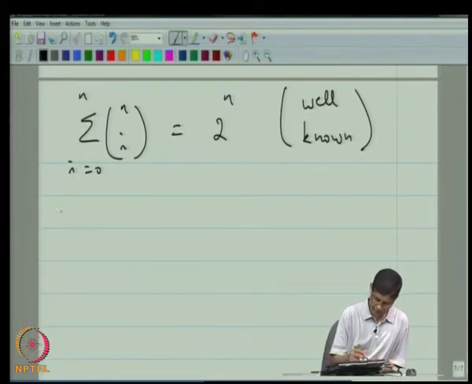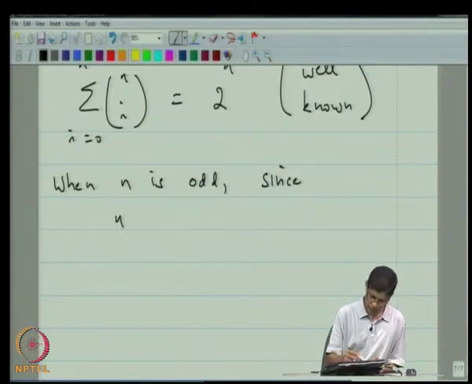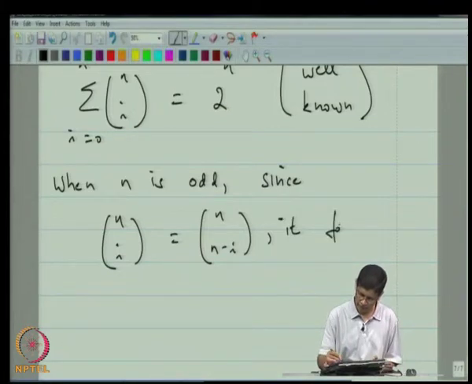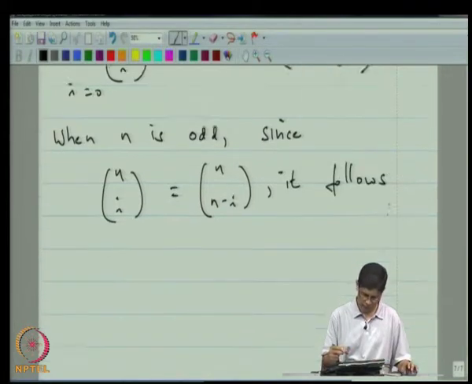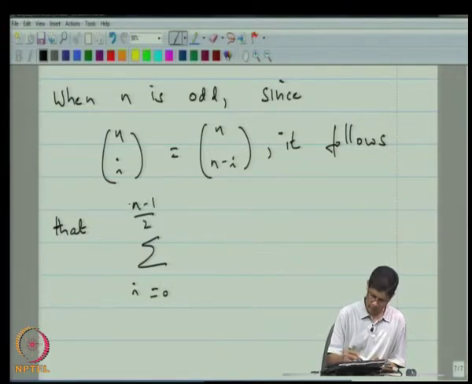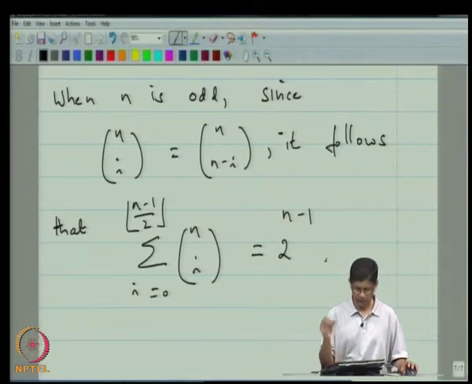And when n is odd, since n choose i is equal to n choose n minus i, it follows that this is in fact equal to 2 to the n minus 1.